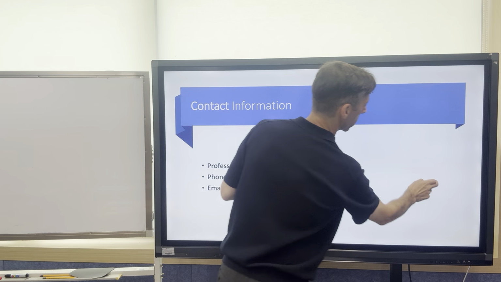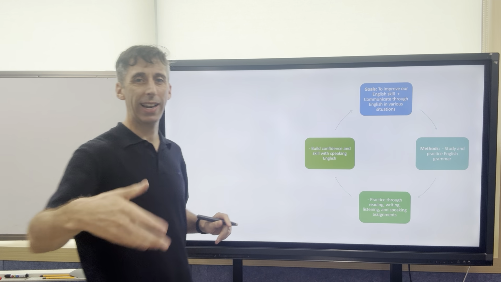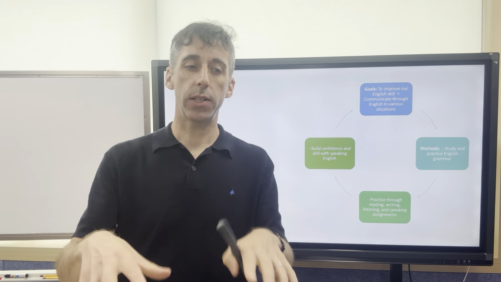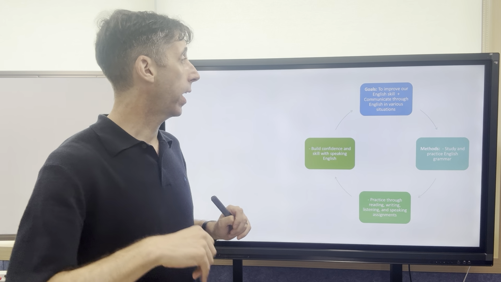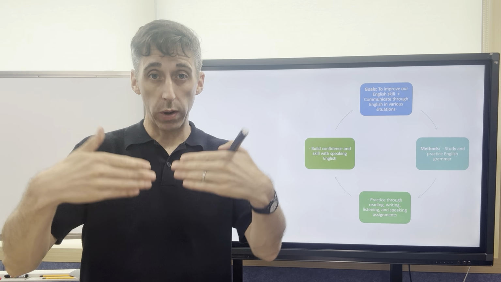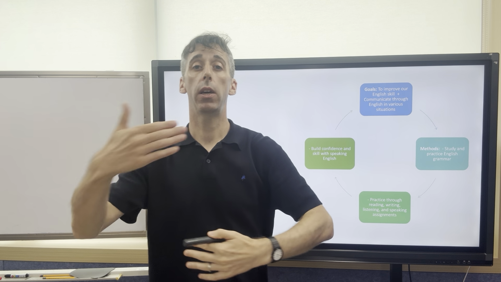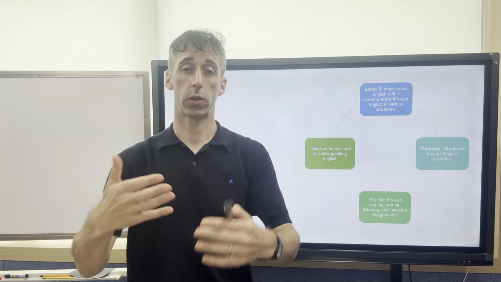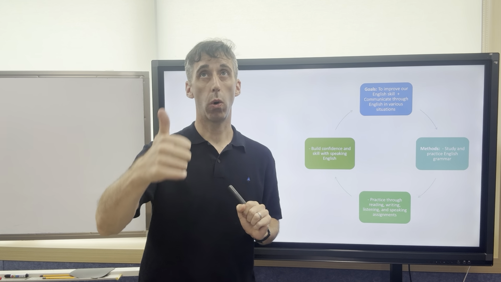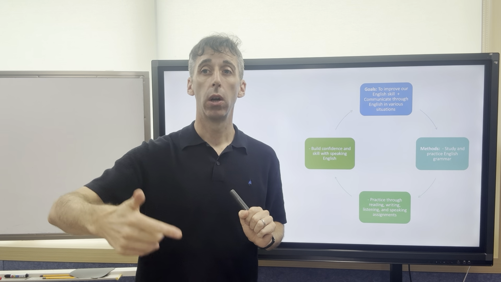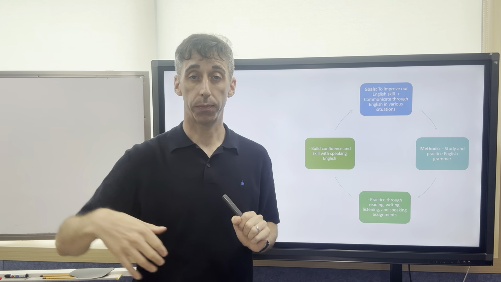Moving on to our next part, we talk about the class style. In this English class, we're going to have our goals, or what we want to do, which is to improve English skill and communication skills. You need English for your work, or maybe for travel, or for future projects.